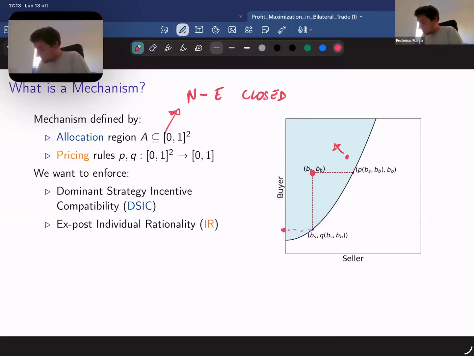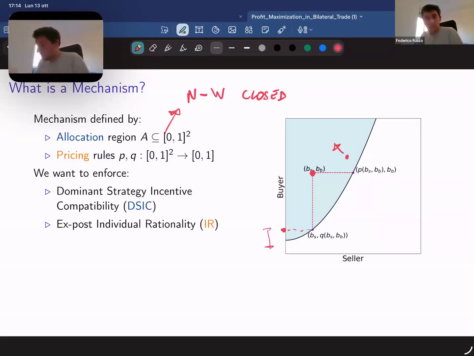So it's the projection of the bids point on the boundary along the vertical direction. Northwest. Yes, you're right. Sorry about it. I always get confused with it. It's like left and right that you never know which one is which. Okay. So this will be the payment from the buyer.